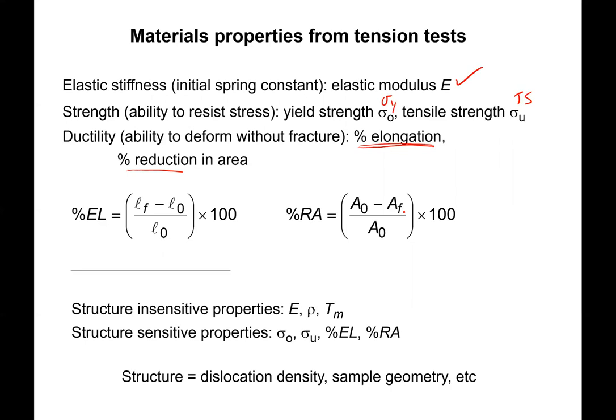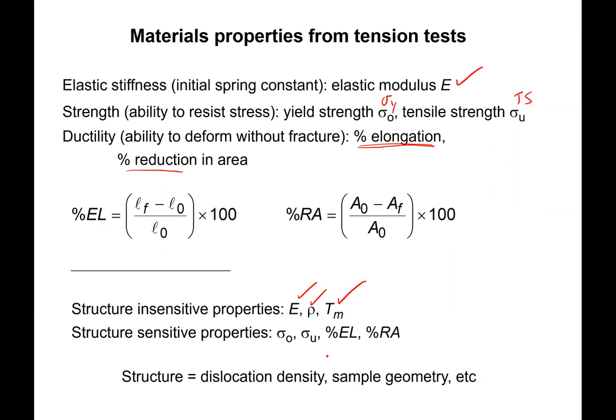If we take a look at the material properties, so we have here structure insensitive properties. This is the elastic modulus, the density of the sample, the melting point. So these things are all material properties, and they're relatively insensitive to any kind of structural changes. So it doesn't matter how many dislocations I have in my sample.